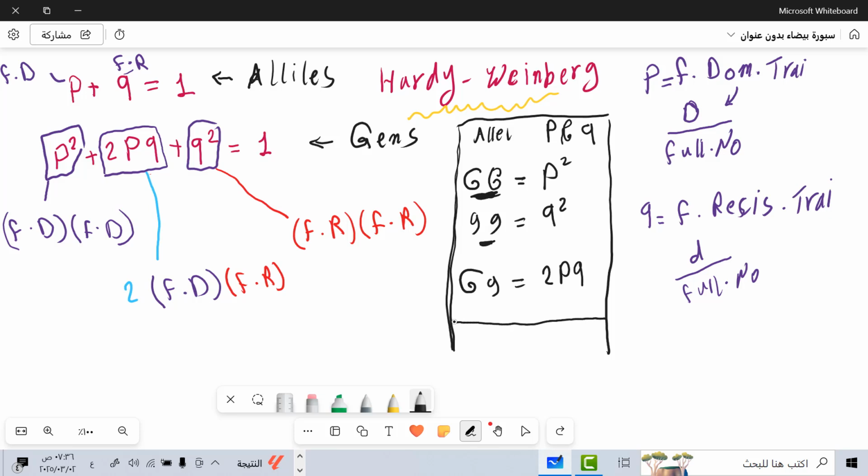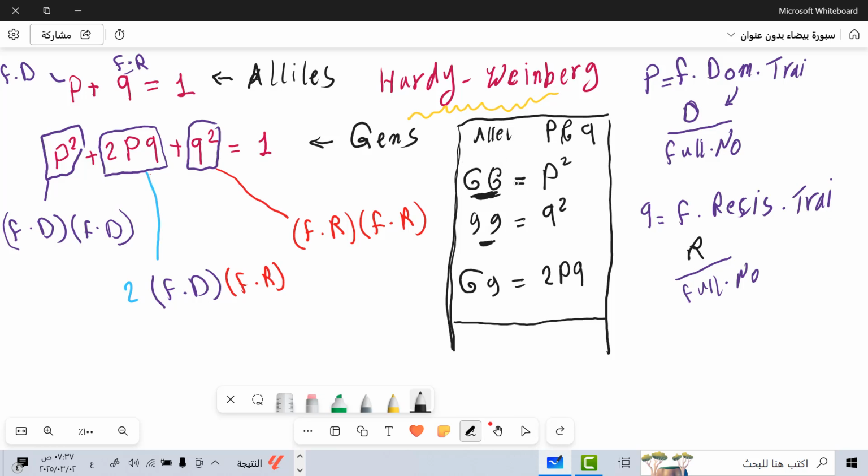Now everything is very clear. If he tells me about p, he wants the frequency of the dominant. If he wants q, it means the frequency of the recessive. Sorry, I must write r here for recessive.